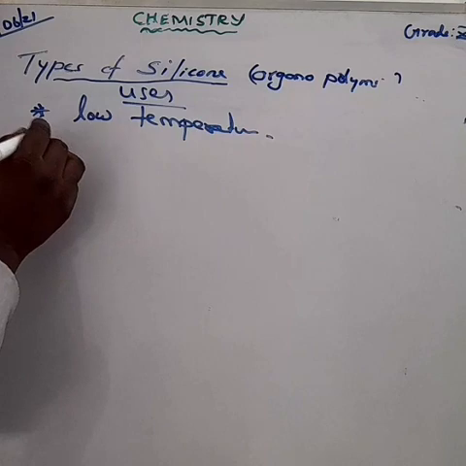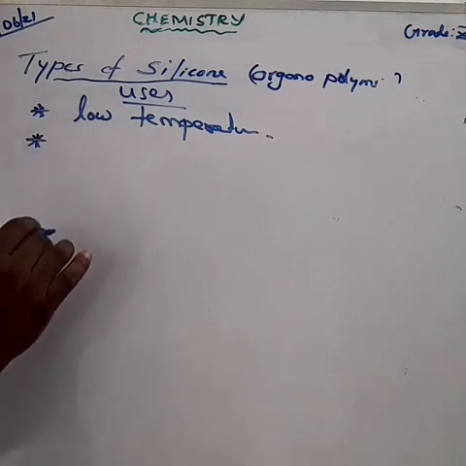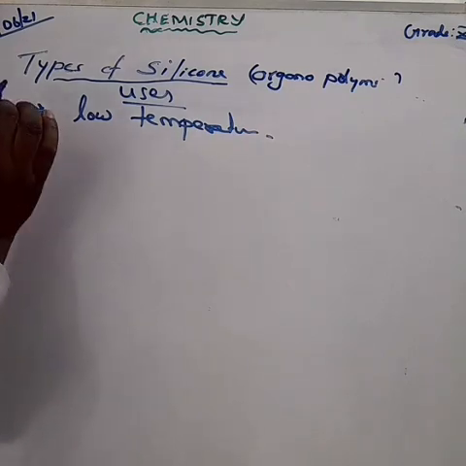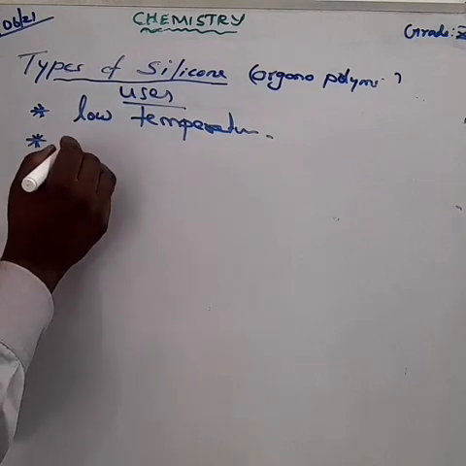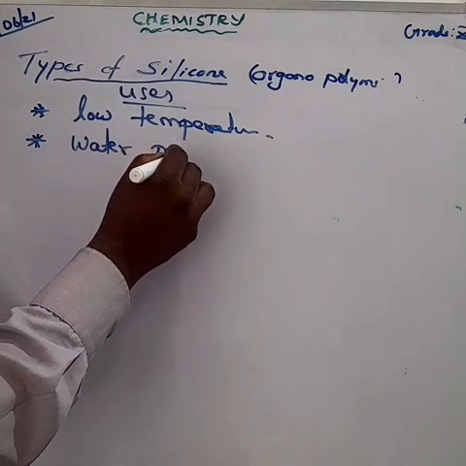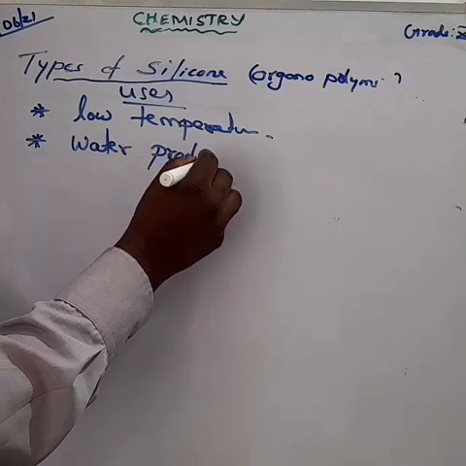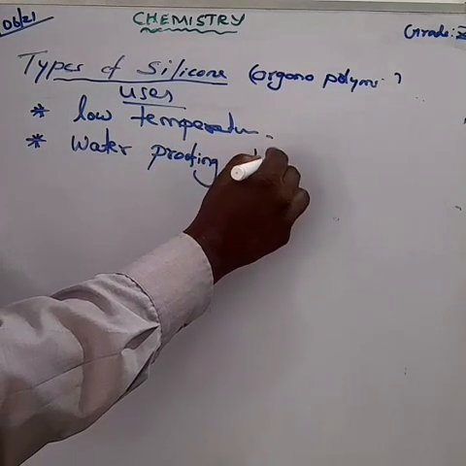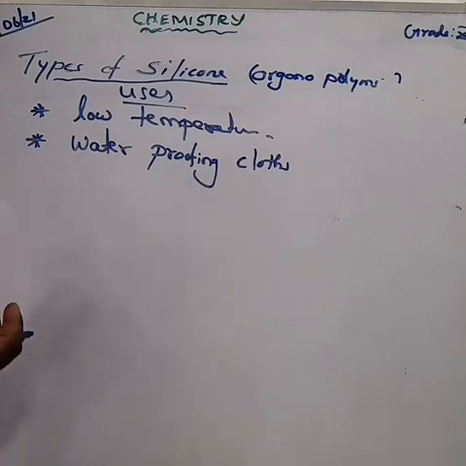Already we learned about silicones, am I right? Second, it is used for making waterproofing cloth, because it is water repellent. Water cannot enter here.